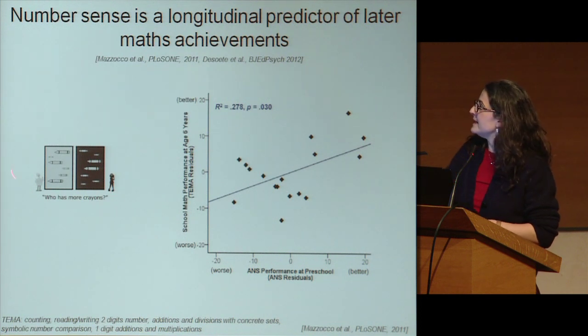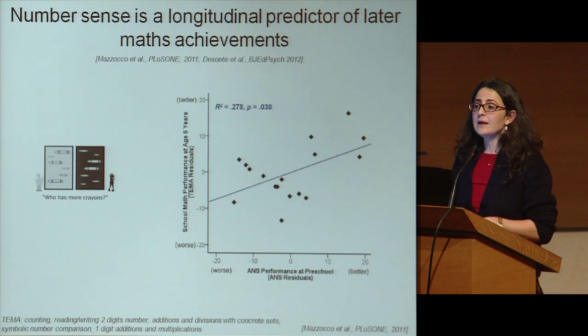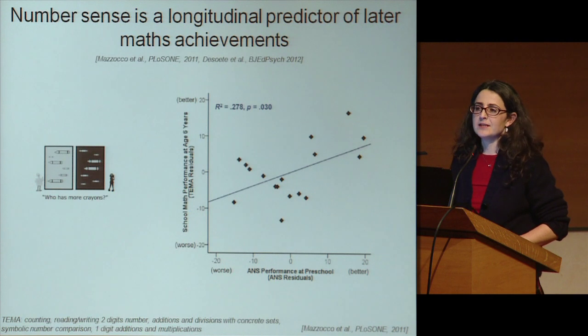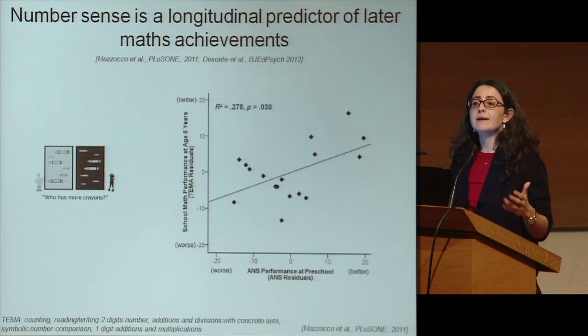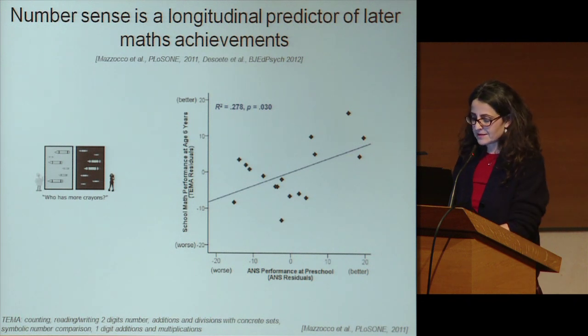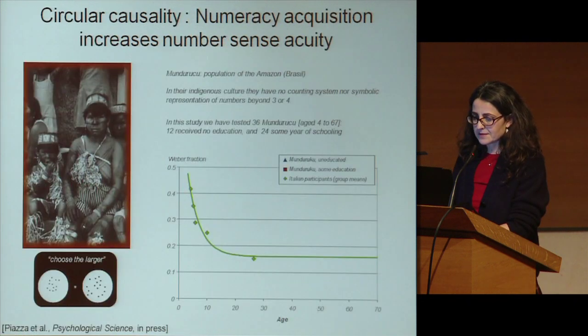Children tested with this basic non-symbolic numerical comparison task at preschool show that the better they are in comparing these quantities, the better they will be 1 year later in tests of arithmetical competence and symbolic numerical competences.